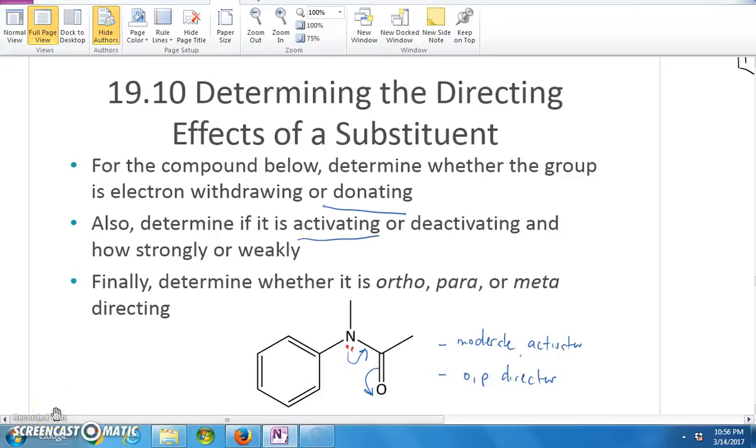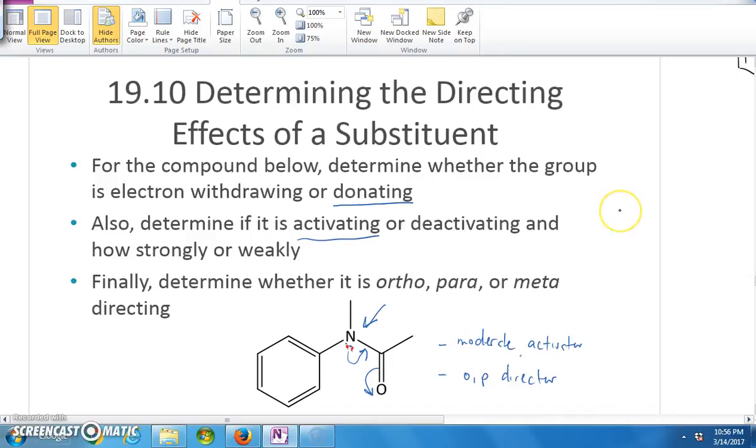So we have been looking at how to determine if a group is electron withdrawing or electron donating. For something like this, because it has a lone pair of electrons, it will be considered electron donating.